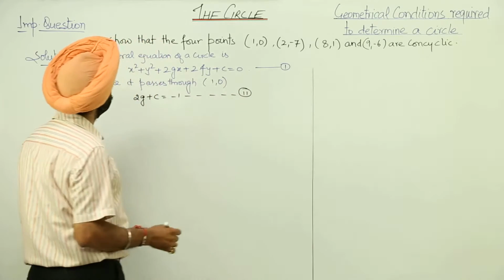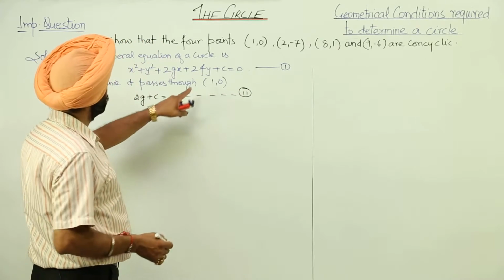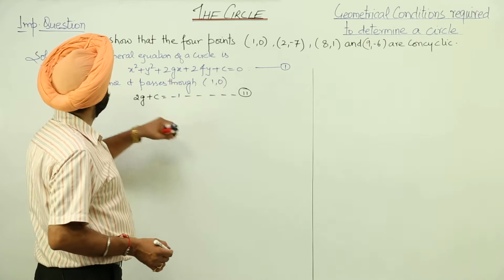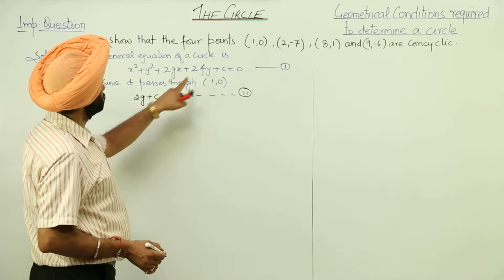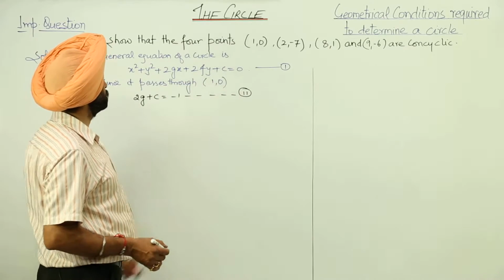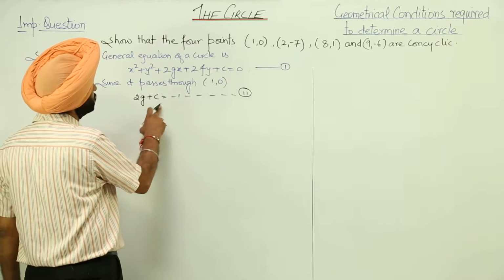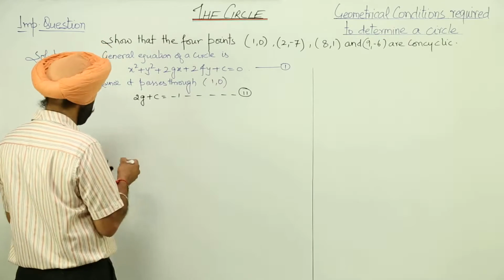Equation number 2. So, 1 and 0: 2g as it is, 0 plus c is equal to 0. So, we can write 2g plus c is equal to negative of 1.